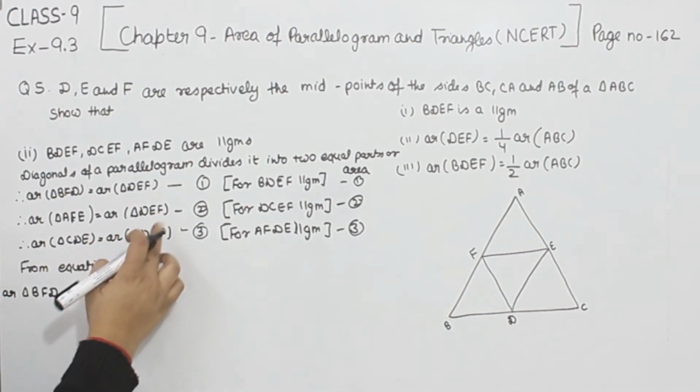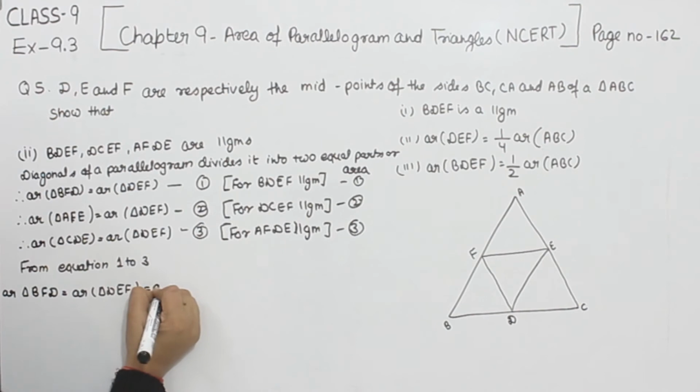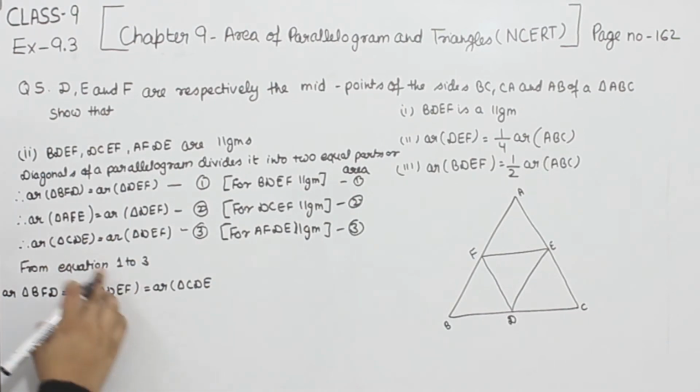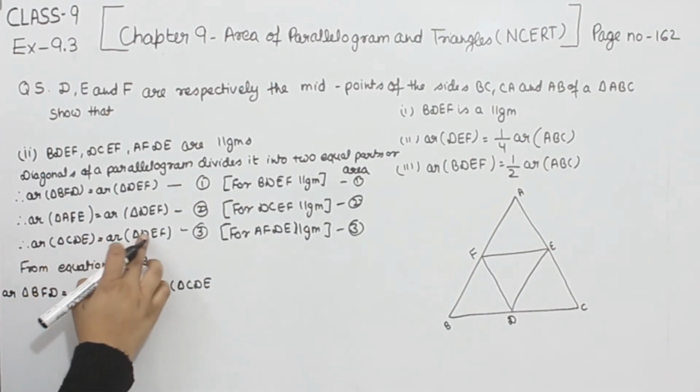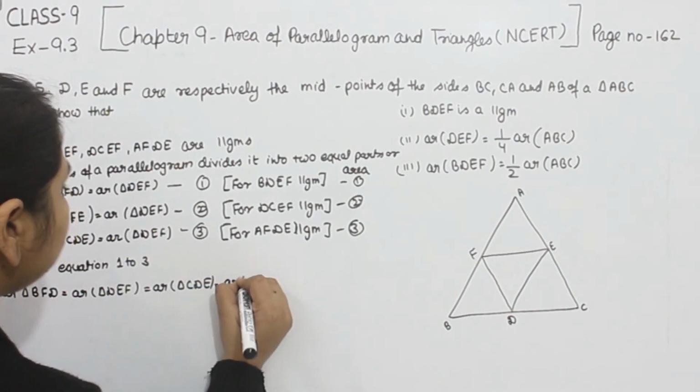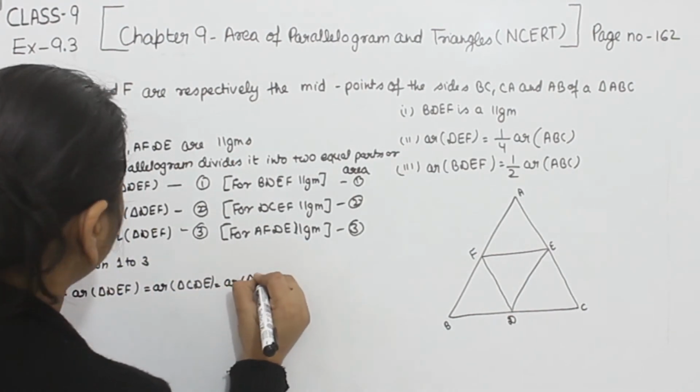Now this DEF is equal to the area of triangle CDE, and DEF is equal to the area of triangle AFE.